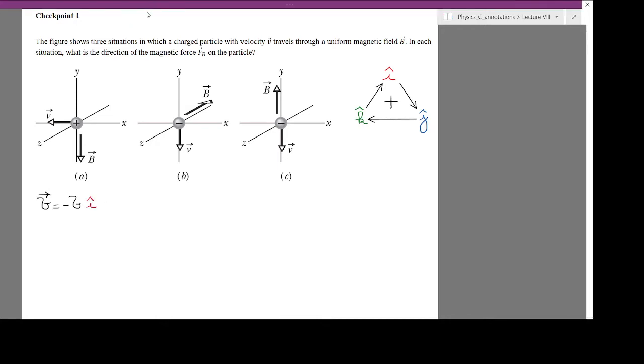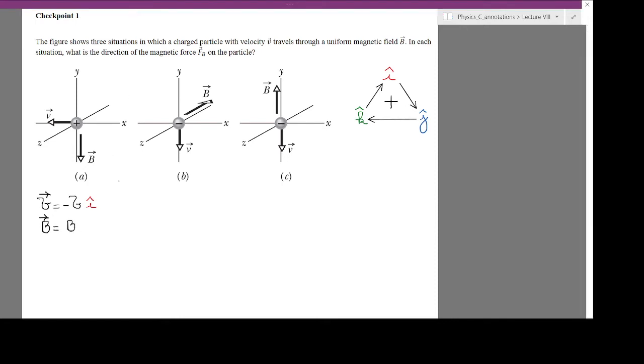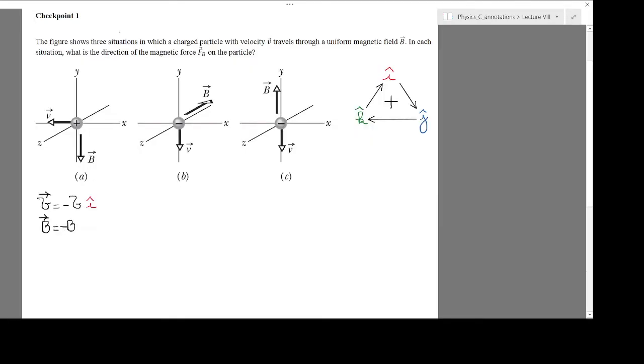And the magnetic field B is going to be the magnitude of the magnetic field times, oh, this is going to be minus, sorry, in the minus j direction.